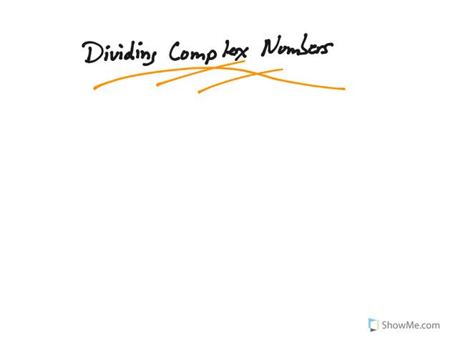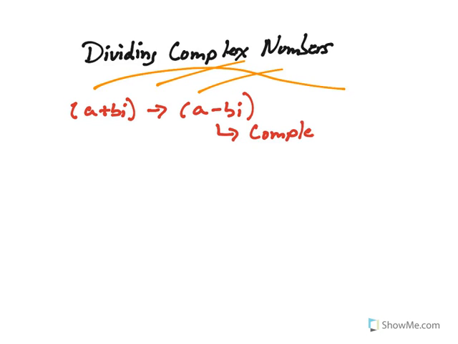Okay, so remember, if you have a plus bi, right? And you want to know what the complex conjugate is, well, that's going to be a minus bi. So this part here is called the complex conjugate. All right?